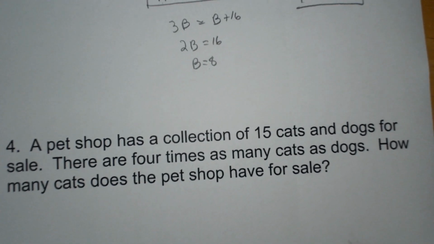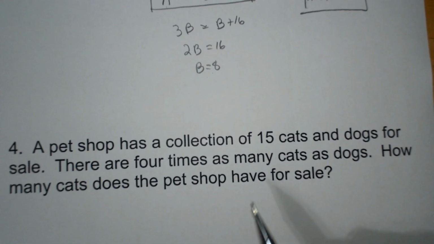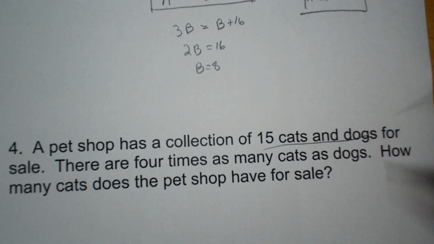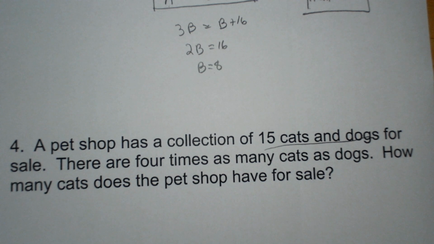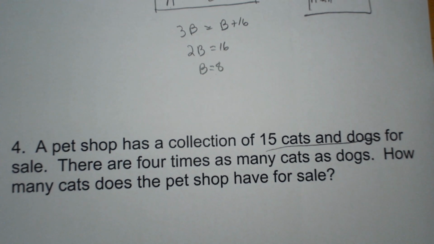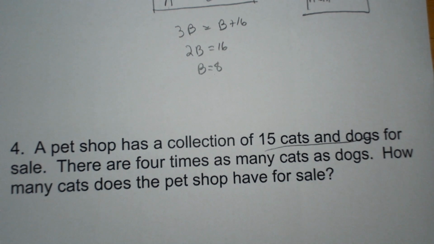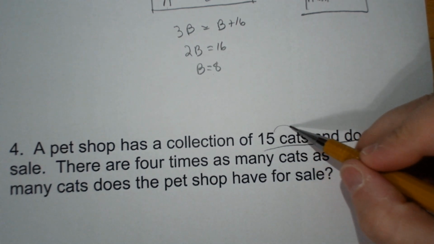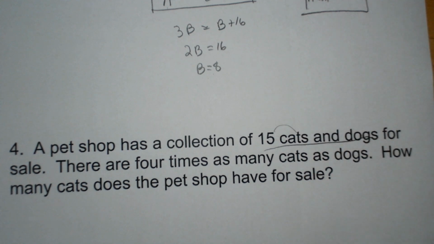A pet shop has a collection of 15 cats and dogs. Okay, so I want to talk about this phrase right here. That's green eggs and ham. And if you remember the Dr. Seuss book Green Eggs and Ham, green eggs and ham means green eggs and green ham. So this is 15 cats and dogs.